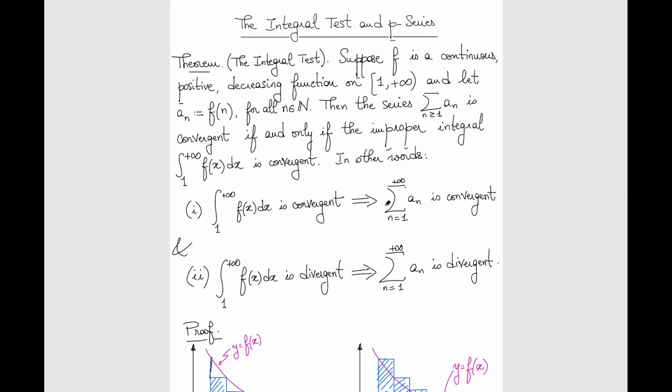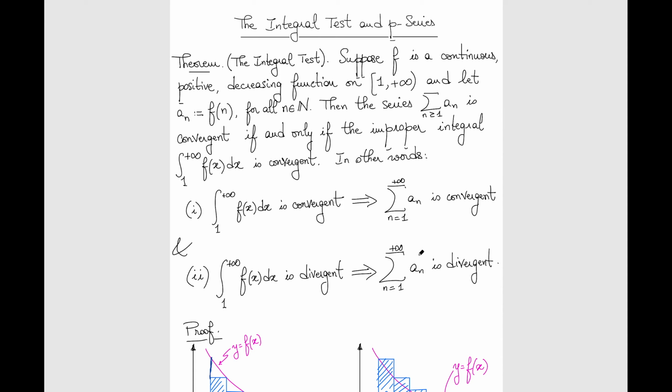And now, if that improper integral is divergent from 3 to infinity, we're going to infer that the series that starts at 3 is going to be divergent. And if that series is divergent, it means that the limit doesn't exist. Adding a couple more entities, a1 and a2, to that, you're adding a finite number to a divergent series, certainly is going to be divergent. Correct?